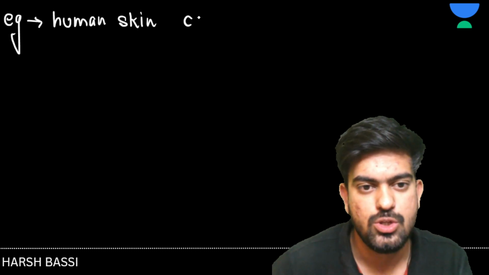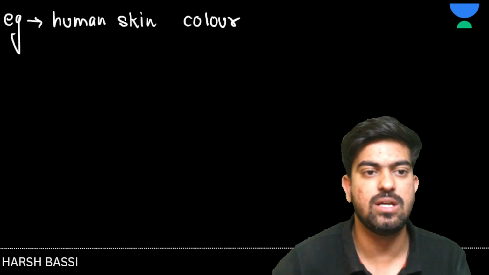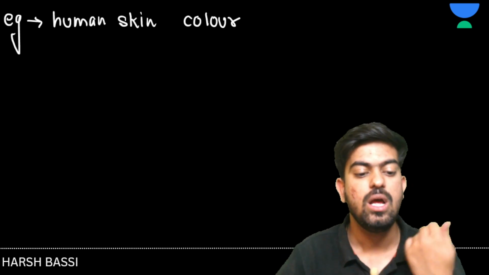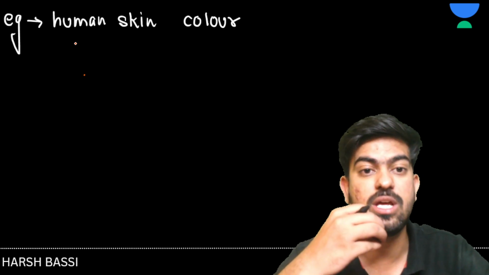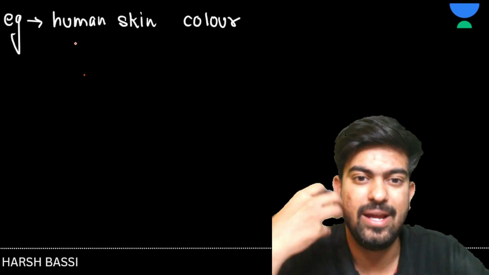So human skin color is basically controlled by more than three alleles, or I should say more than three pairs of genes.